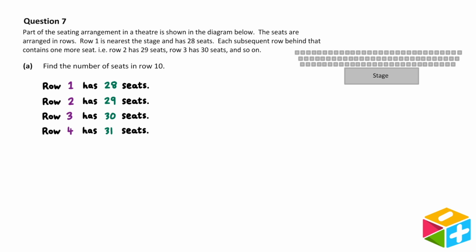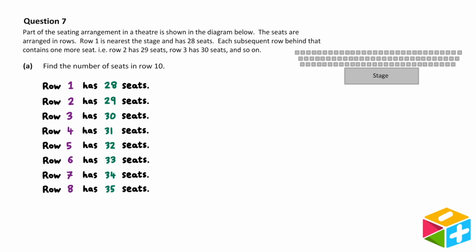Row 4 will have 31 seats, row 5 has 32 seats, row 6 has 33, row 7 has 34, row 8 has 35, row 9 has 36, and row 10 has 37. So our answer here is that row 10 has 37 seats.